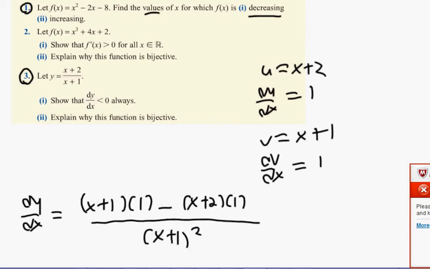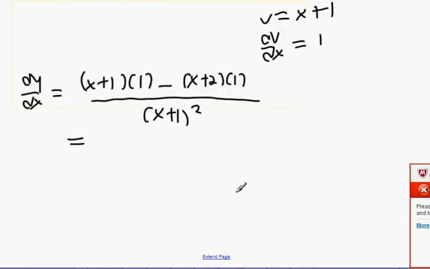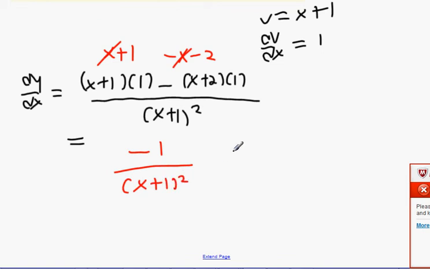Now look at this, guys. This is an interesting one, and this is a very popular question. Minus x minus 2, plus x plus 1. What happens? The x is cancelled, and we're going to be left with minus 1 over x plus 1 squared.